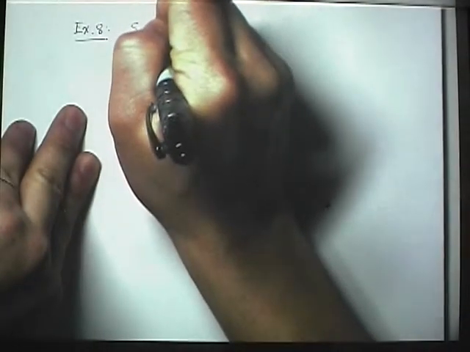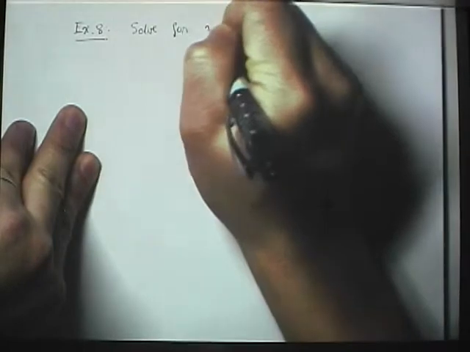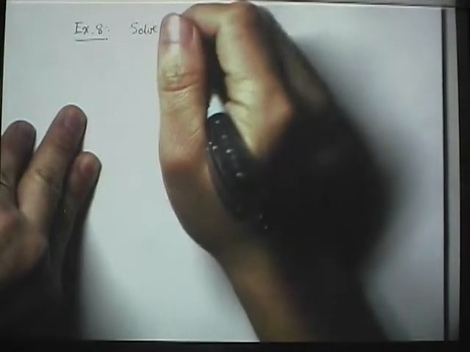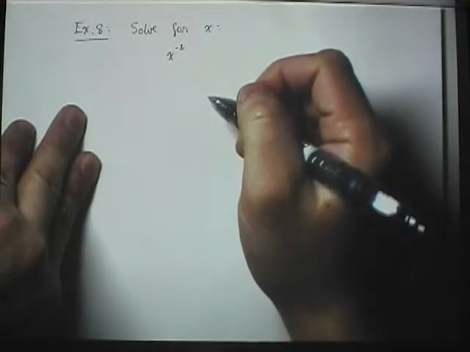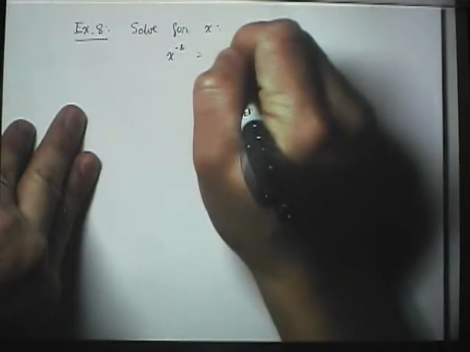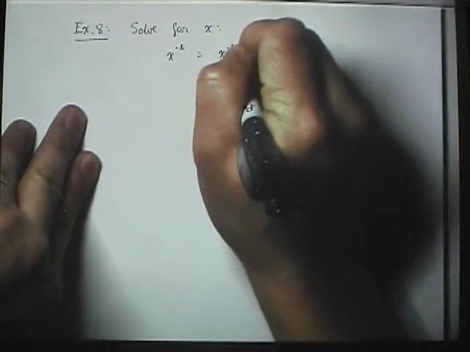Now, example number 8, just a few more for you to get really comfortable. Once again, let's solve for x. My equation here is x to the negative 2 power equals x to the negative 1 plus 6.